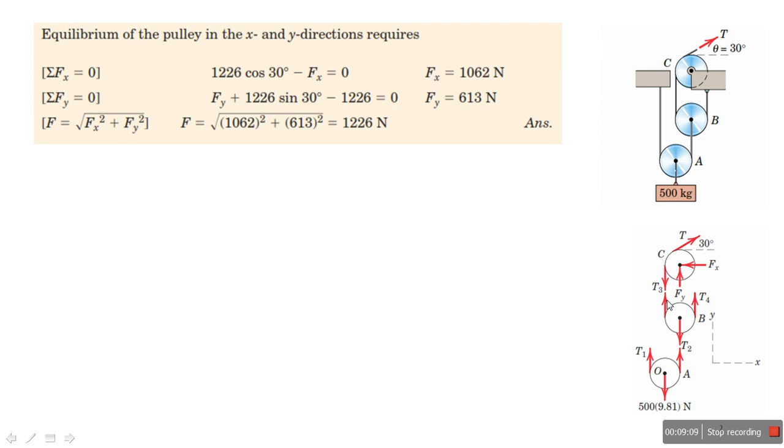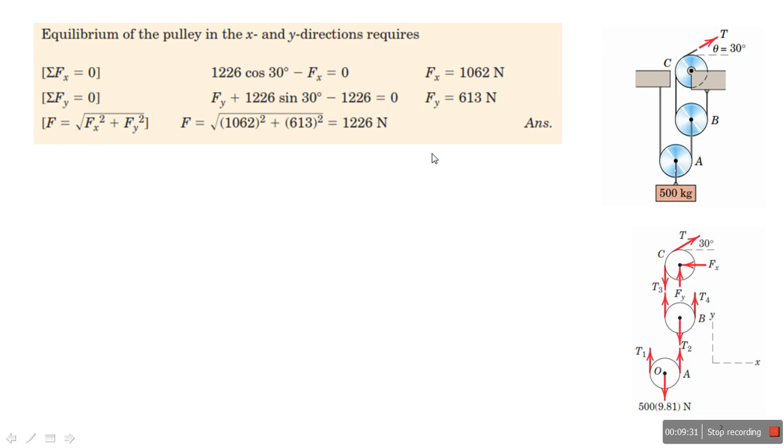If I take the summation of all forces in the y direction equal to 0, so T sine theta upward minus T3, this is upward, this is T3 downward, plus Fy equal to 0. So I can get Fy.